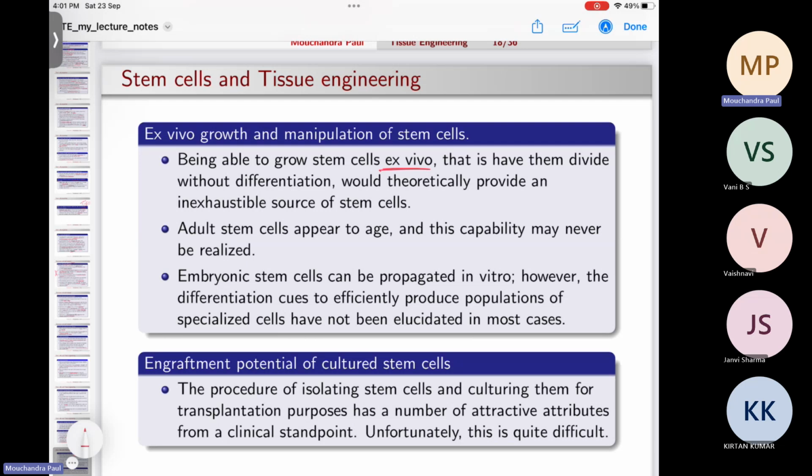So it is difficult to grow them without differentiation, because they have a tendency to undergo differentiation quickly in vitro, not in vivo.